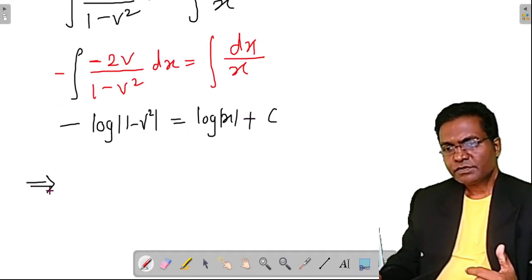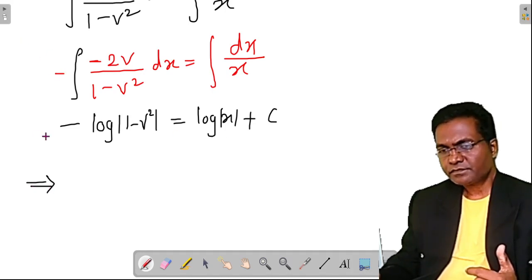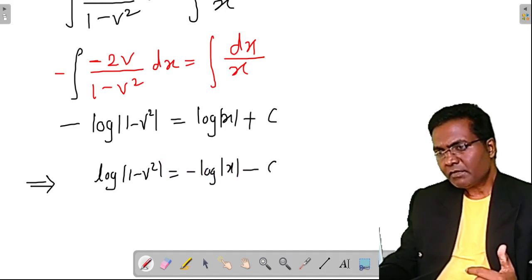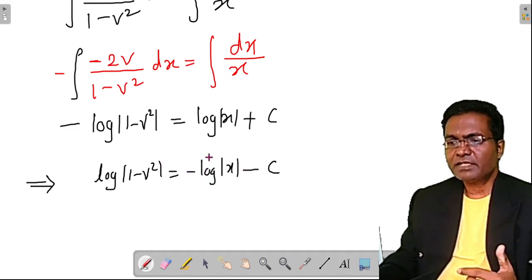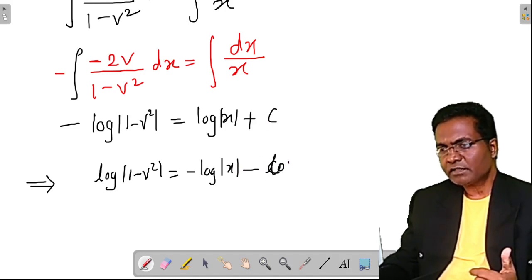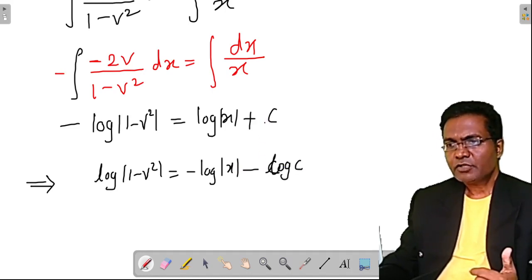So this you can write, if you multiply by minus, log of (1 minus v square) is equal to minus log of x plus a constant. If all the terms are in terms of log, better you keep the constant also in terms of log. No issue.